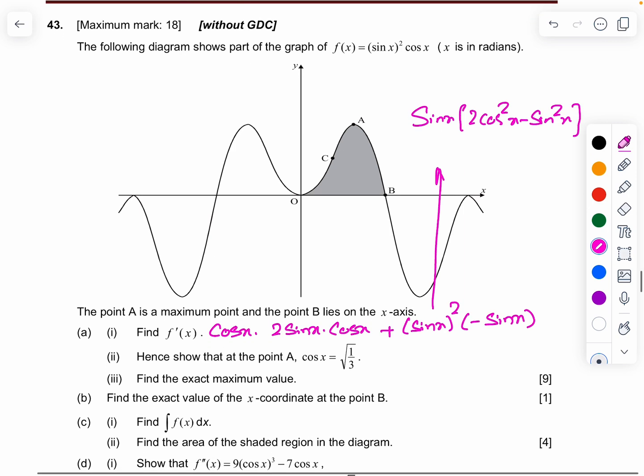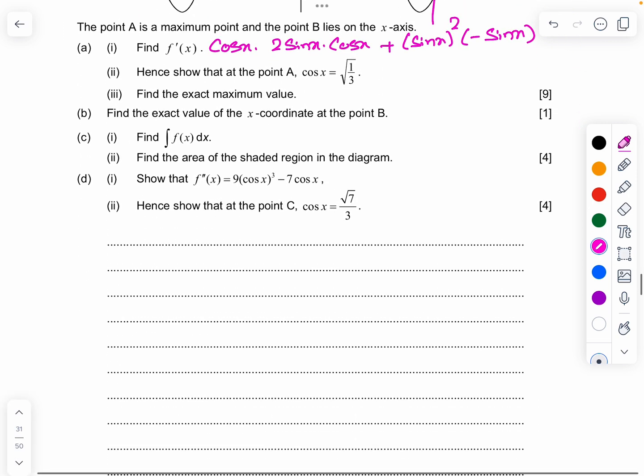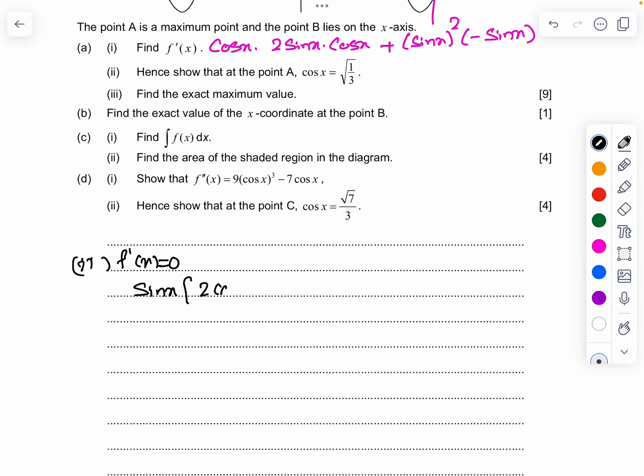Hence show that at A, cos x equals 1 upon root 3. So for part 2, f prime x should be equal to 0. So what does that become? Sin x times 2 cos square x minus sin square x equals 0.